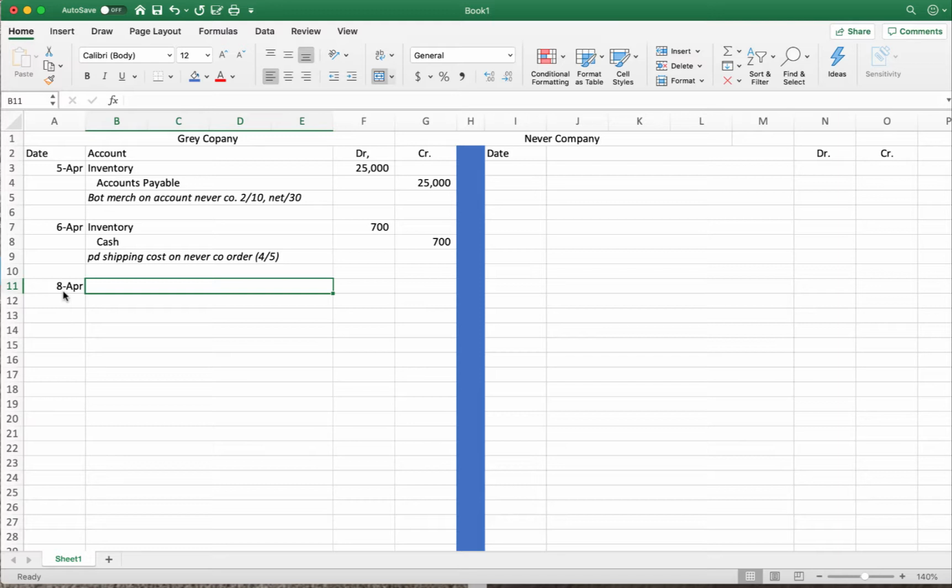On 4/5, we debited inventory, increased our inventory, and we increased our accounts payable. Based on that transaction of that $25,000 worth of inventory, $3,000 of it was damaged. We don't want it. We're sending it back to Never Company. So we need to undo a portion, specifically $3,000 worth of the transaction that we did on April 5th.